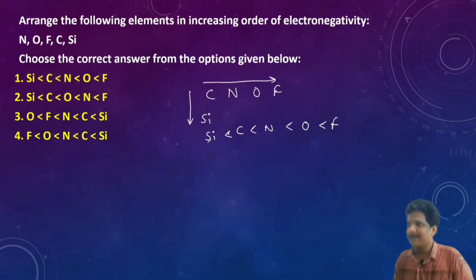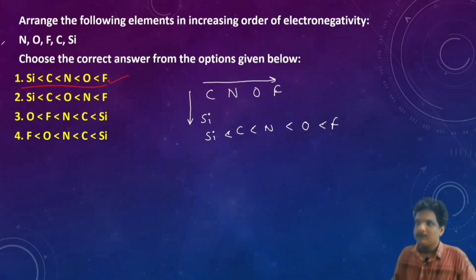The correct order is silicon is less than carbon, is less than nitrogen, is less than oxygen, is less than fluorine. So the correct option is option 1.